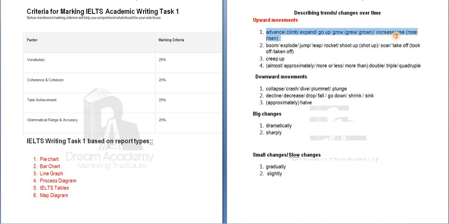You can use increase, rise. So the rows are rose, risen, past and past participle form. Here you can use boom, explode, jump, leap, rocket, shoot up, soar, take off. When the upward movement goes suddenly in a big amount, then you can use all these words.